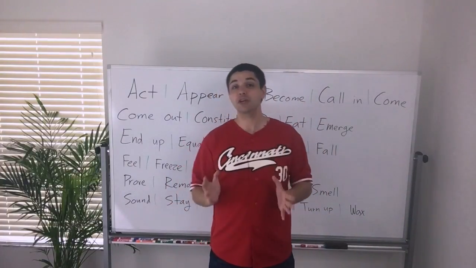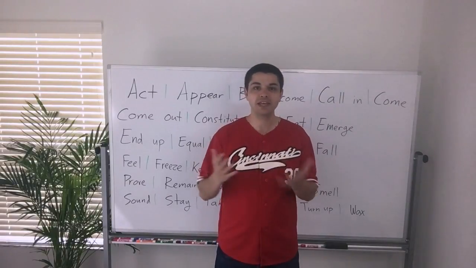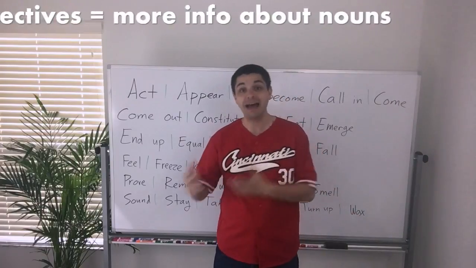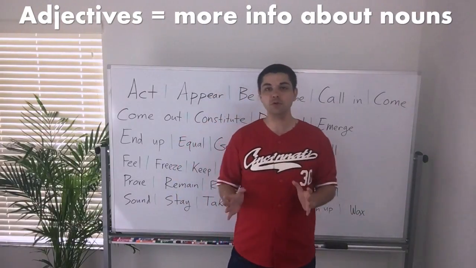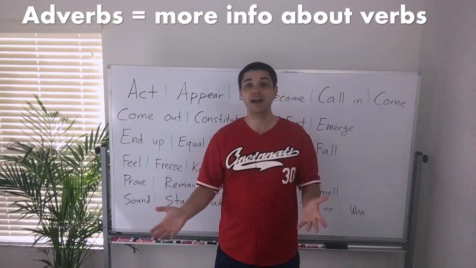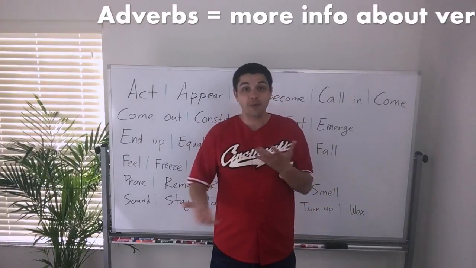So I hope that this video helped you understand copula in English and how we can understand these words and why we use adjectives with them instead of adverbs. I know that it's really confusing for a lot of people out there who are learning English because you learn that adverbs talk about verbs, and here we have verbs, right?